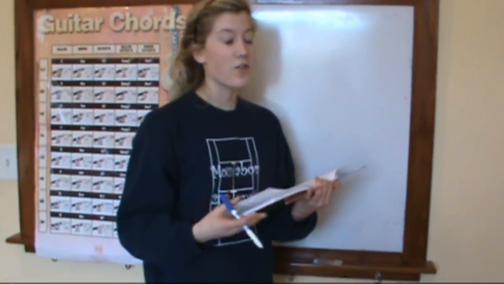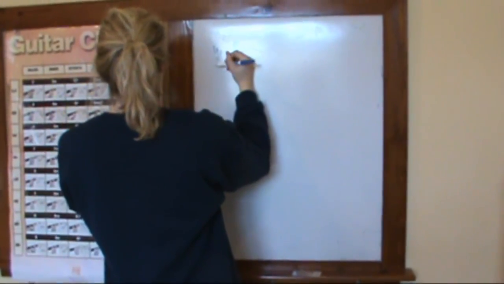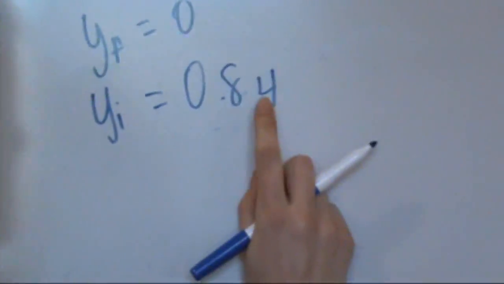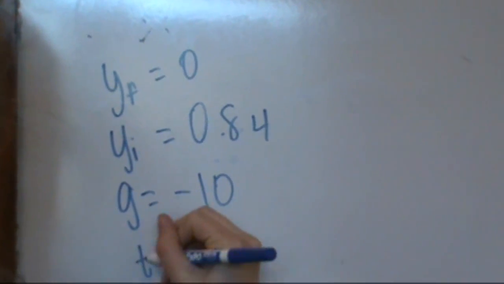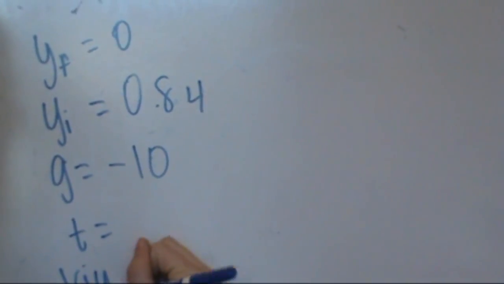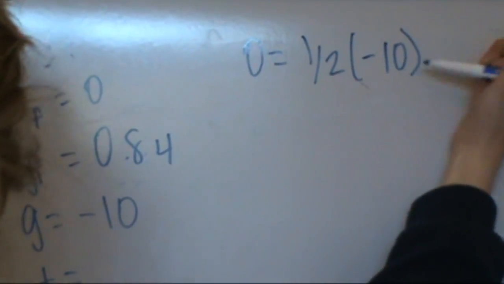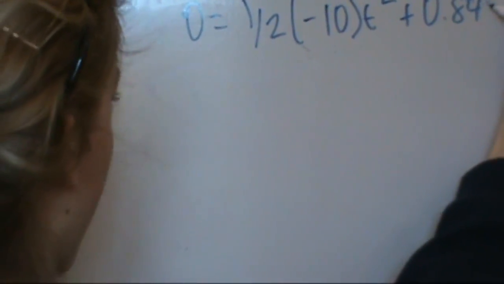Now we are going to find how long it should take the baby to hit the ground, finding the horizontal distance. These are our variables. This is the initial height of the baby on the license plate. And we're trying to find t. So I plug it into my formula: 0 equals 1/2 times -10, which is g, times t squared plus 0.84.